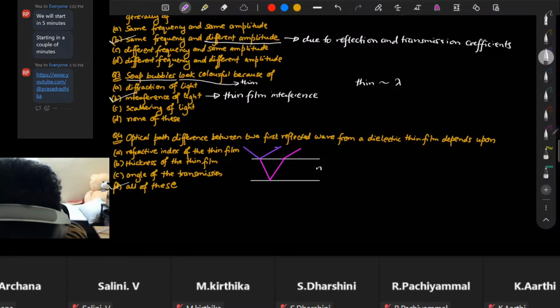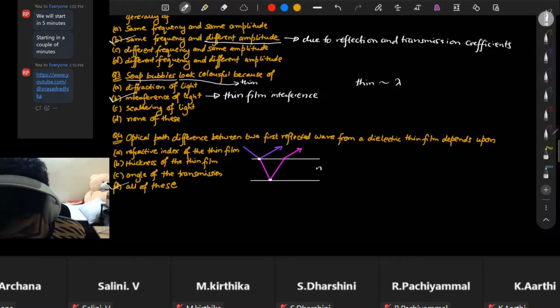So we are looking at these waves. This is the first point of reflection. This is the second point of reflection.